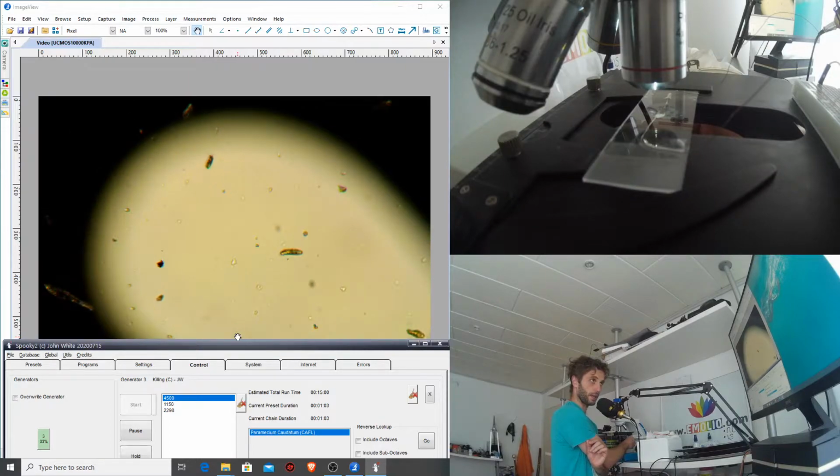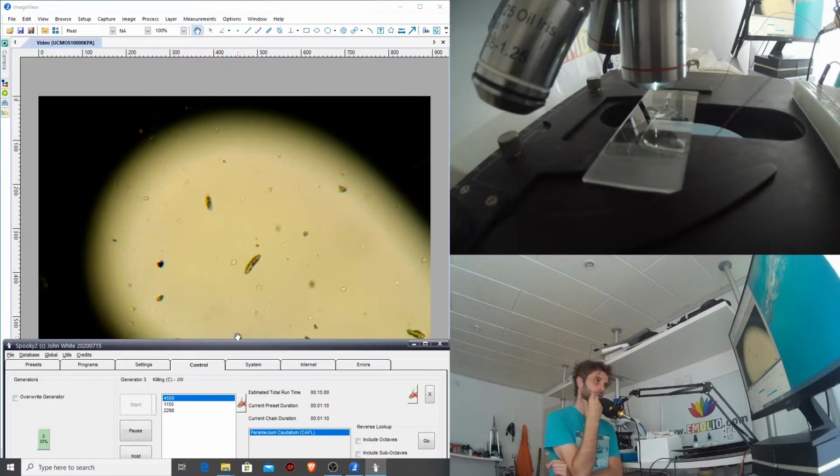So the next time I think I will also try the frequency generator without frequency, or some random frequency, so we can see if those frequencies that we are using now are ones that, I cannot say killing, but obstruct the normal movement of the microorganism.